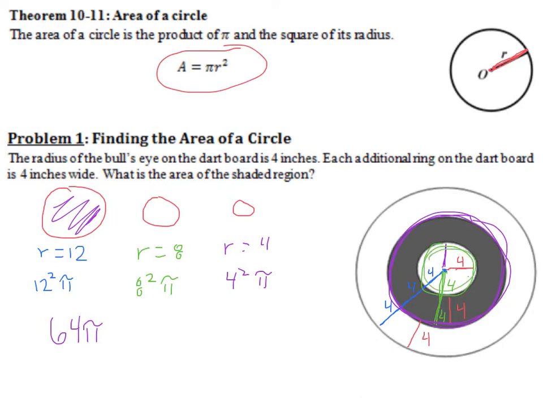This little circle is being subtracted. So 4 times 4 is 16 pi. And now I get 48 pi. Or else you could multiply that by 3.14 and we get 150.72, and my units here are inches squared. So that's what the area of the shaded region is.